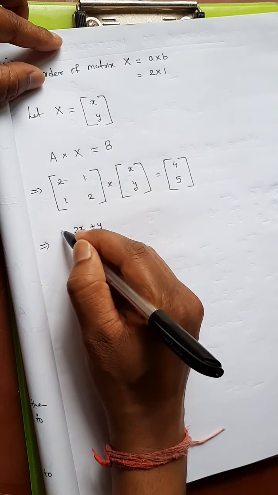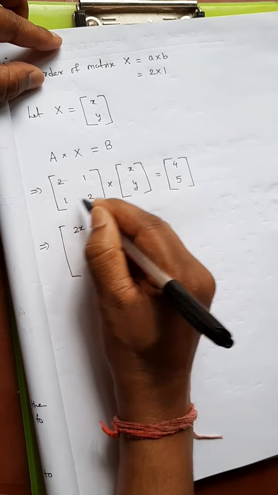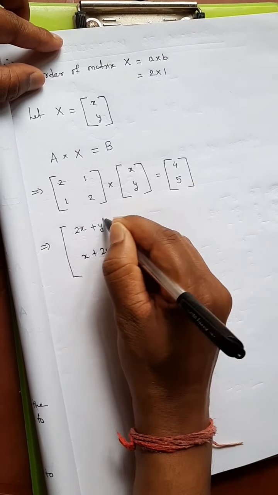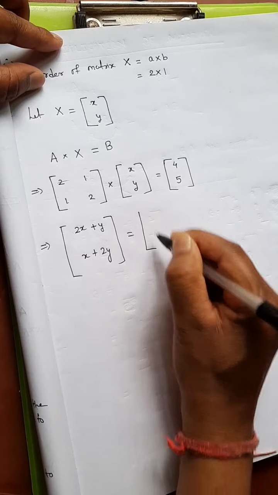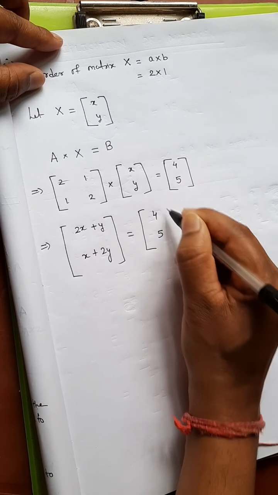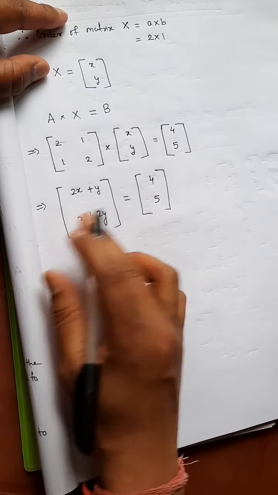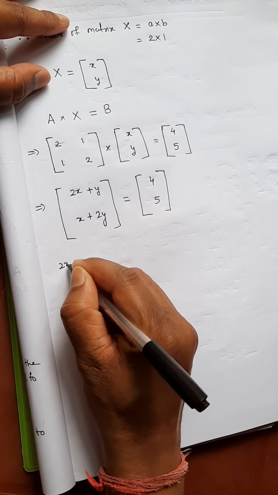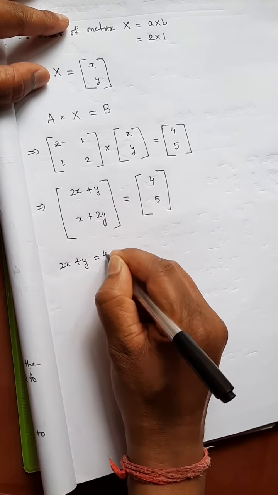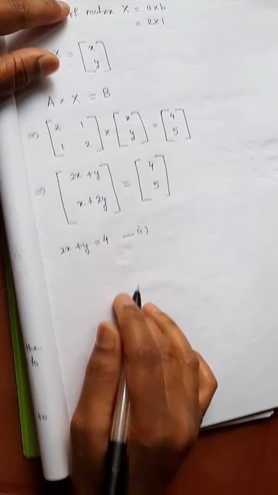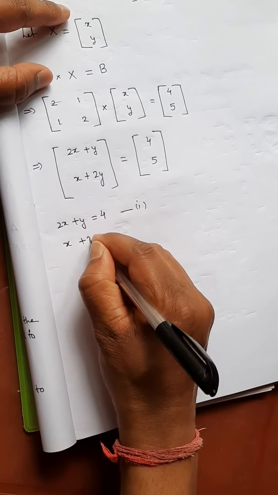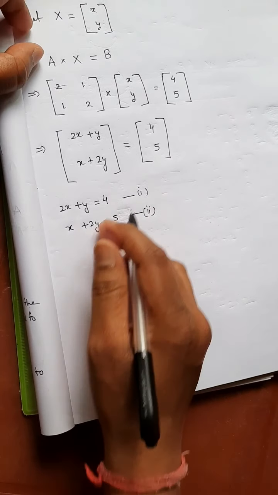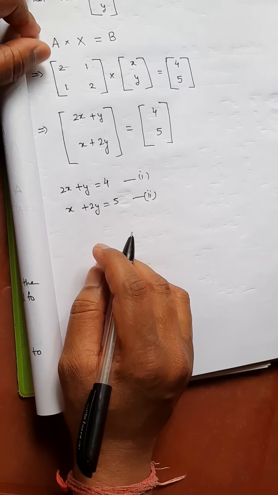Now second row: 1 into x, x, plus 2 into y, 2y, is equal to 4 and 5. Now by equality of matrices, we get 2x plus y is equal to 4. This is our first equation, and x plus 2y is equal to 5. This is our second equation. We will solve this and get the elements.